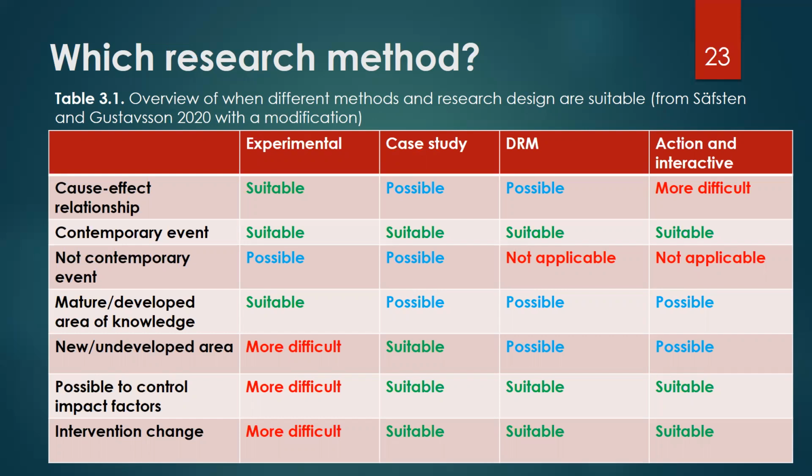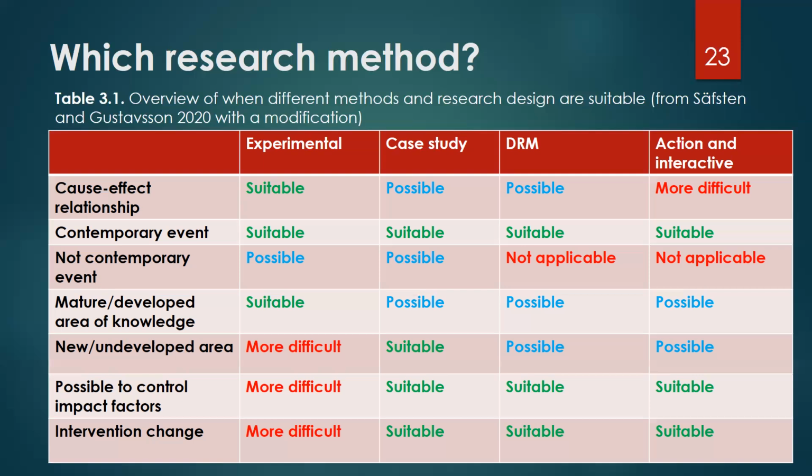For a contemporary event, all of them are suitable. Not a contemporary event: experimental and case study are possible, but DRM and action interaction are not applicable. For a mature and developed area of knowledge, experimental research is suitable, but case study, DRM, and action and interaction are possible.